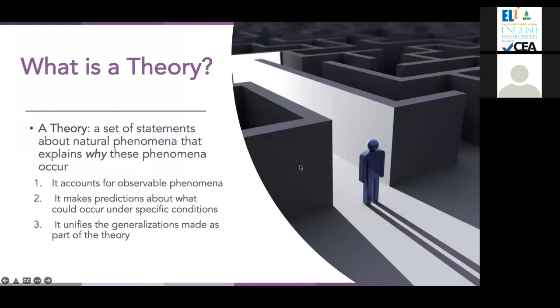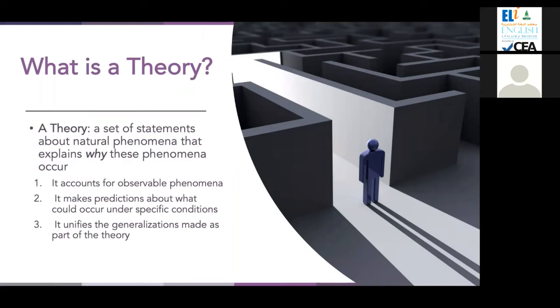So what is a theory then? I gave you a simple situation, but of course the academic definition is different. A theory is a set of statements about natural phenomena that explain why these phenomena occur. So a key word here is the word why. Why this occurs.